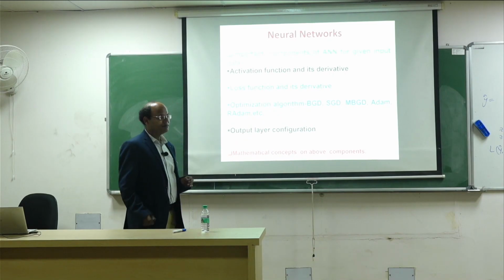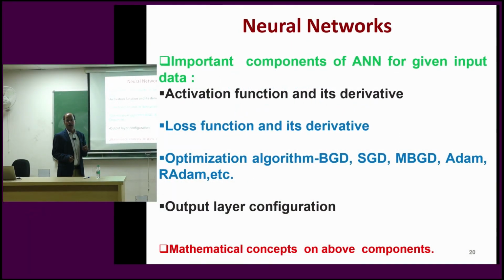So now, if you really want to understand all the math, you have to do the activation function and its derivative, okay. Then the loss function and its derivative. And the optimization algorithm you should know deeper. And of course, this is the output layer configuration. No need to worry because this part you have understood, right?